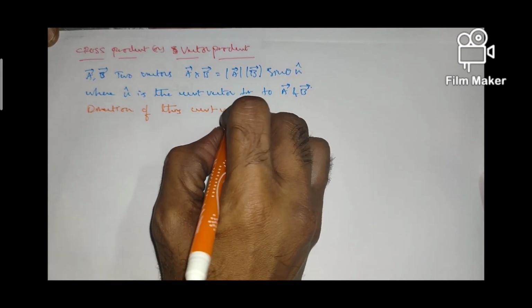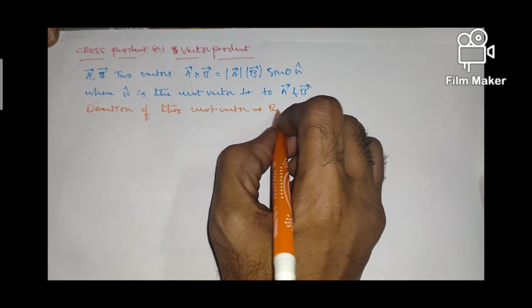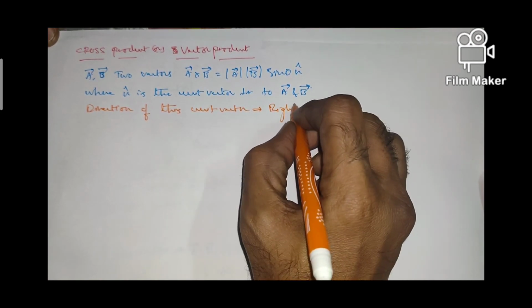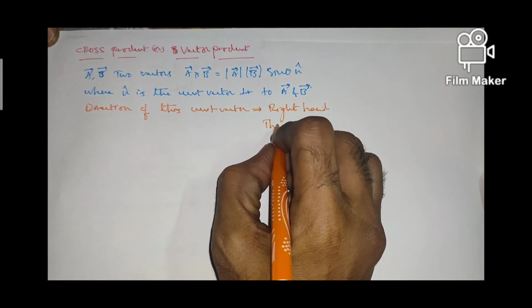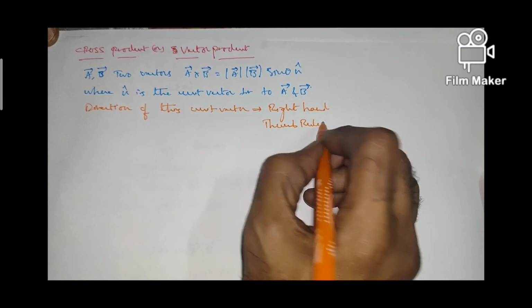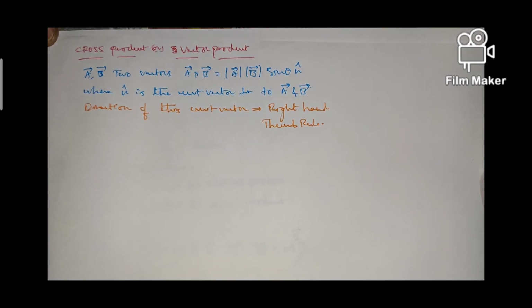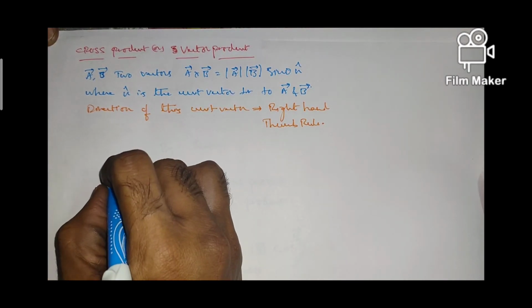As everybody knows, right hand thumb rule is nothing but the direction of curling fingers indicate the cross product, that is whether from A to B or B to A. Then the direction of thumb is going to give the direction of the resultant unit vector.